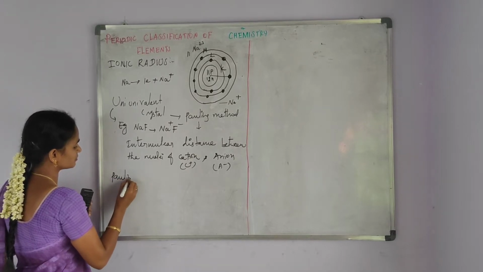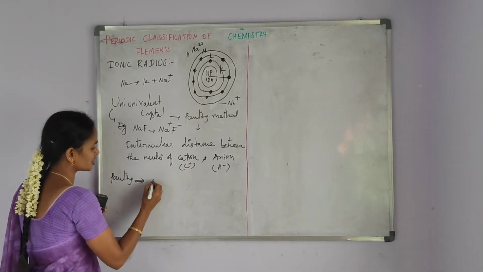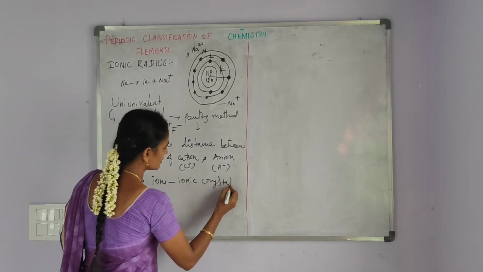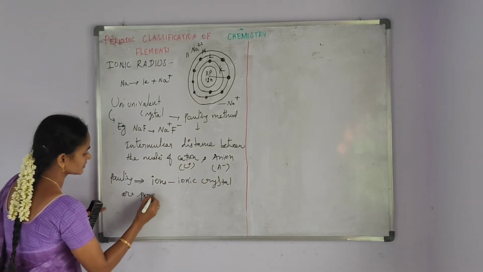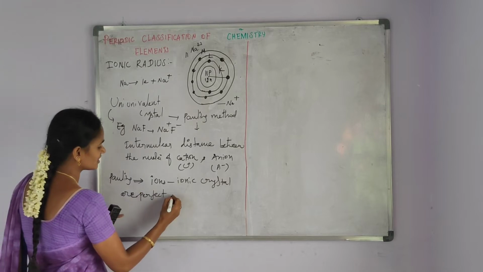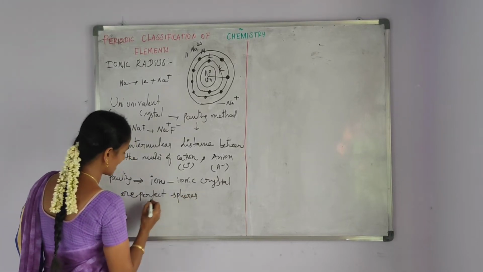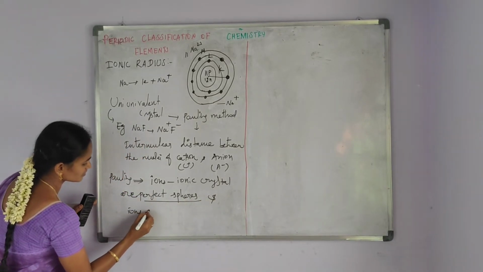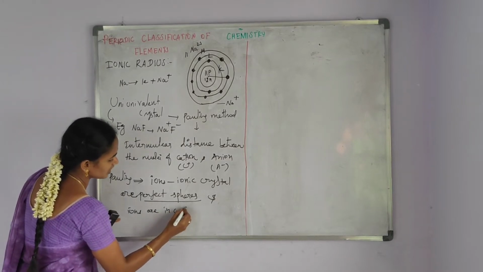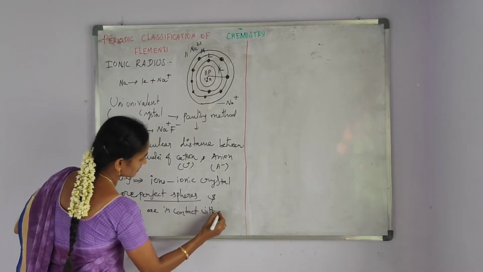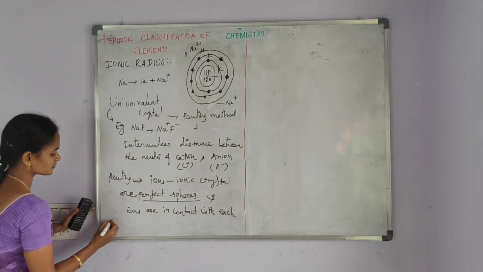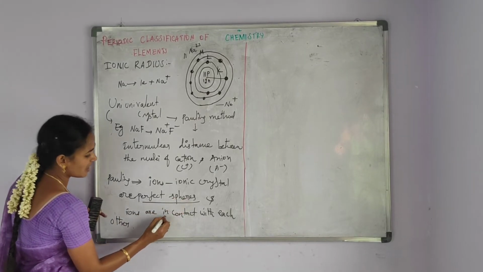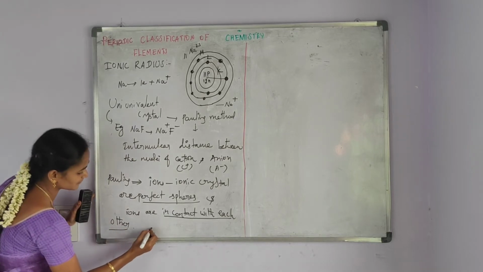Now, Pauling assumed ions present in the ionic crystal are considered as perfect spheres, and ions are in contact with each other.